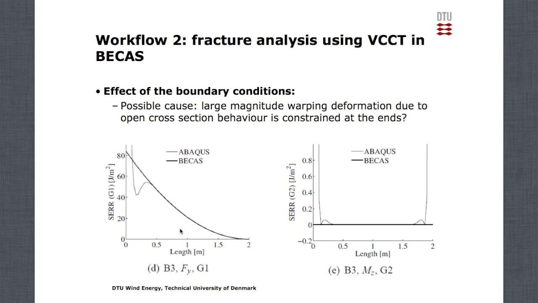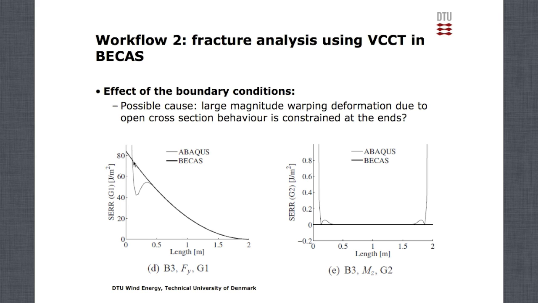This is an example where we have the bimaterial beam with a crack at the center, and this is for the transverse load in the y direction, and I'm showing you the G1, that's the strain energy release rate associated with mode 1 crack opening. And this is the length of the beam on the x-axis in both plots, and here is the value of the strain energy release rate.